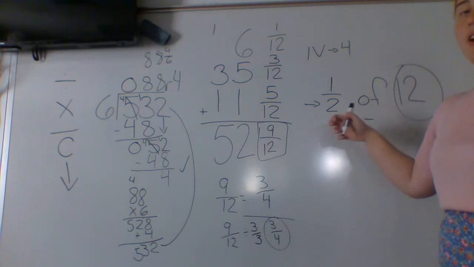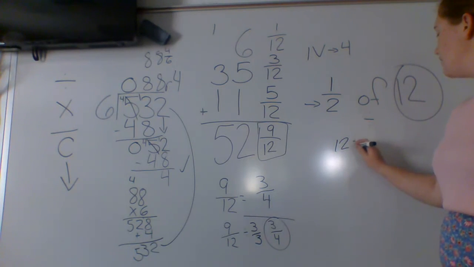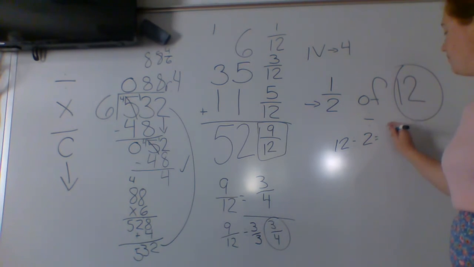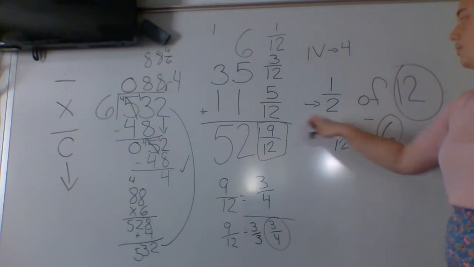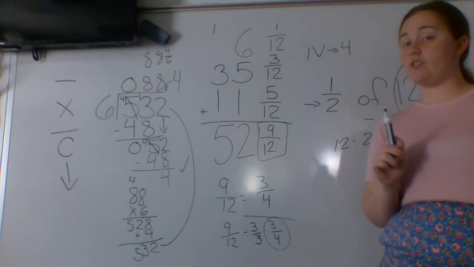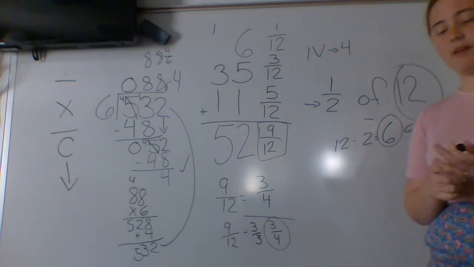If it's 6, you're going to divide by 6. So we have 12 divided by 2 equals 6. Keep in mind, when you see this kind of problem, is your answer going to be a fraction? Your answer is not a fraction. It's a whole number. Just like this 6 right here is a whole number. So make sure you keep that in mind.